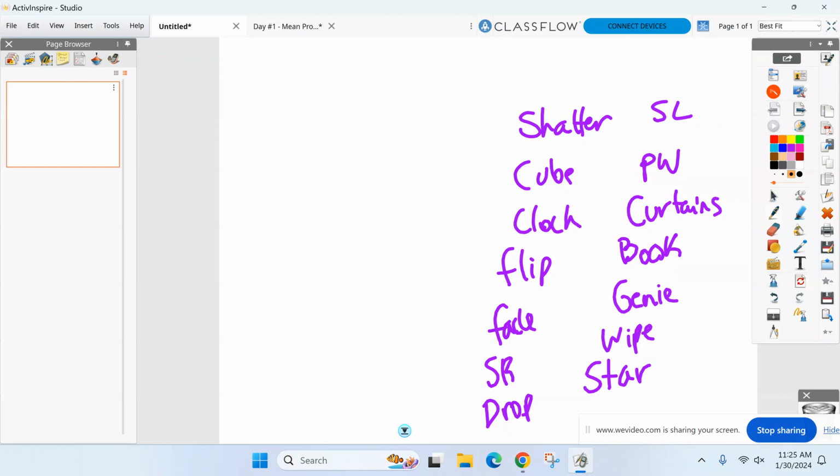We're good? Or okay, you ready then? Shatters. Cubes. Clock. Flip. Fade. Slide to the right. Drop. Slide left. Pinwheel. Curtains. Book. Genie. Wipe. Star. The only one I thought about was swing when it comes from the corner.